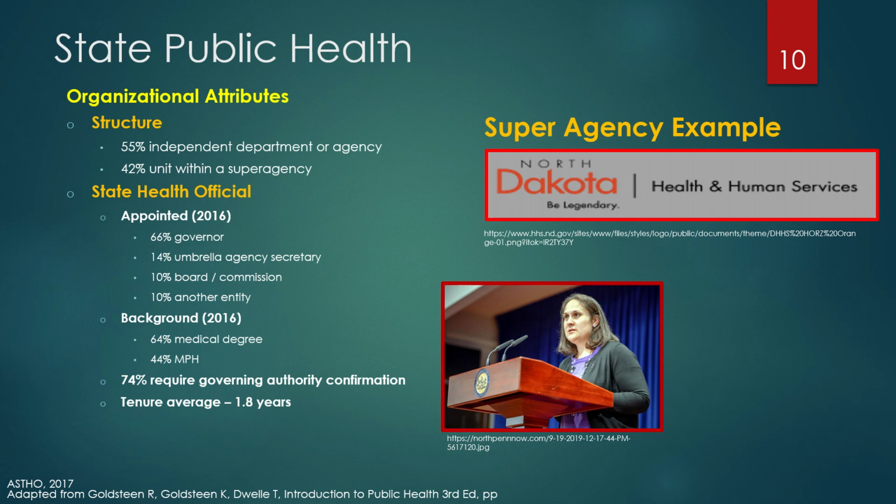The North Dakota Division of Public Health is one example of a public health unit located within an umbrella or superagency, the North Dakota Department of Health and Human Services.